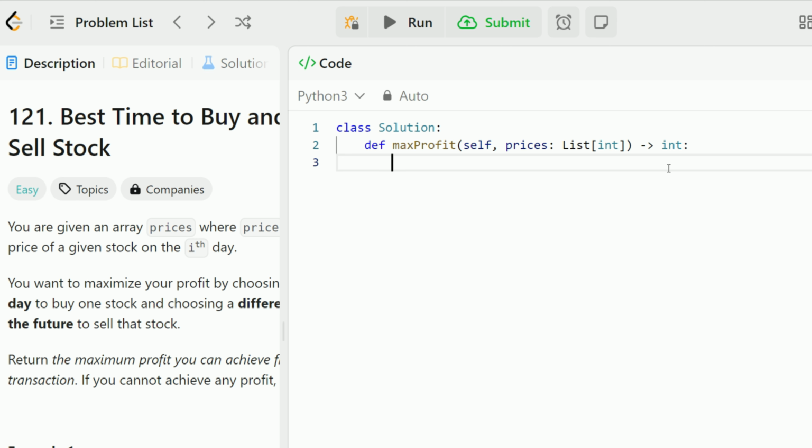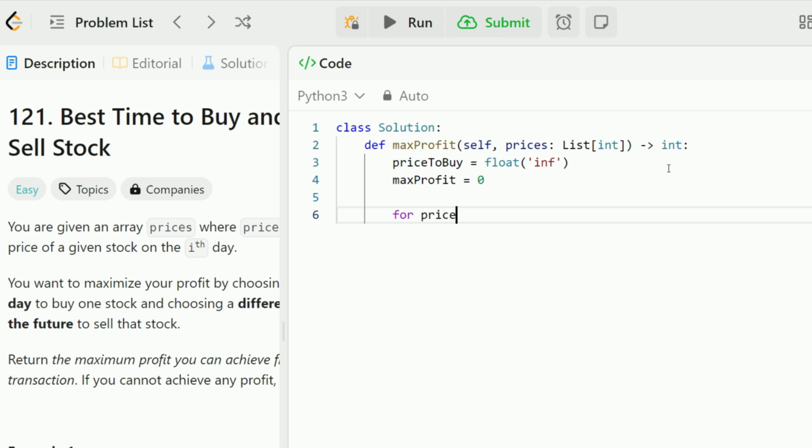The first thing we're going to do is initialize our variables. So we have 2 of them in this case. We have the price to buy, which is infinity, and then we have the max profit, which is 0. Now, for every price in the prices array, if the current price is less than the price to buy, then we simply update the price to buy.